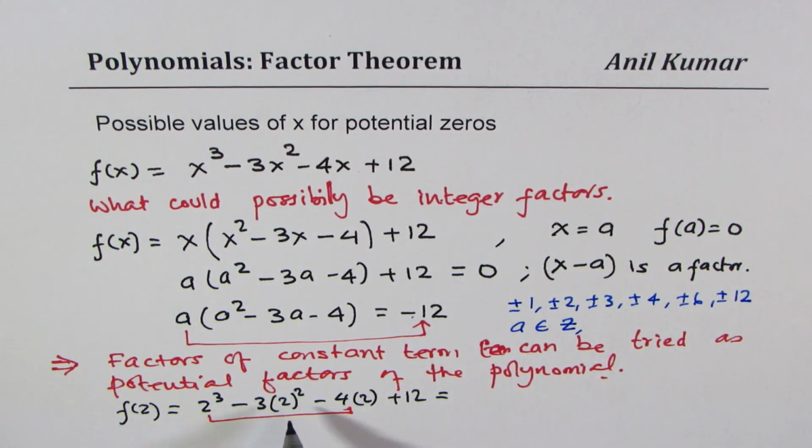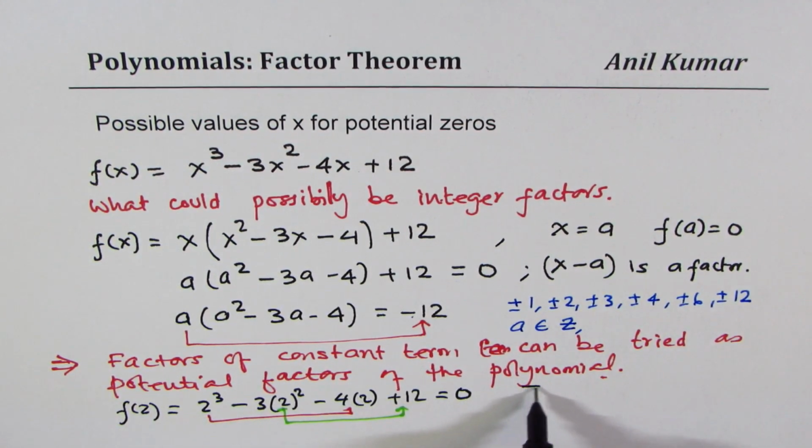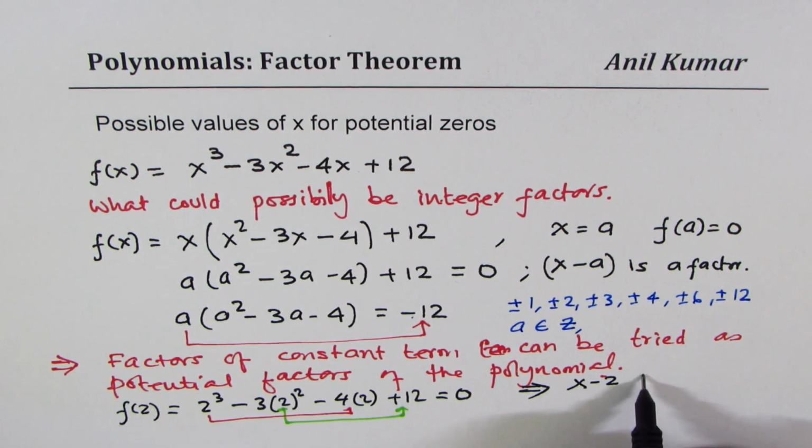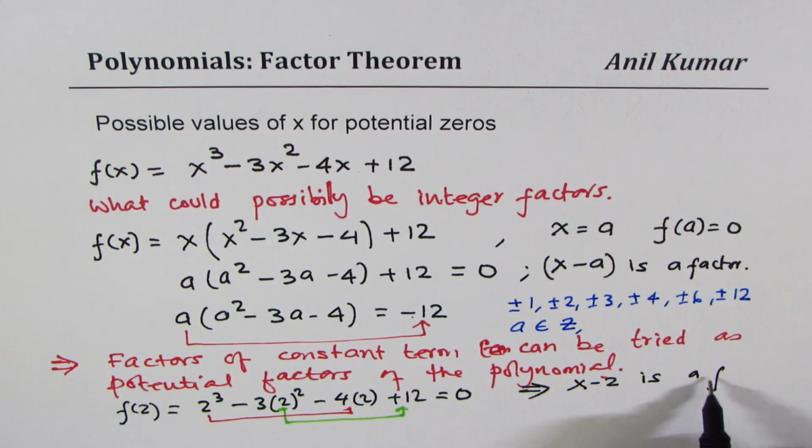And 3 times 4 is 12, and that cancels away too. So we really get 0. That really means that x minus 2 is a factor.